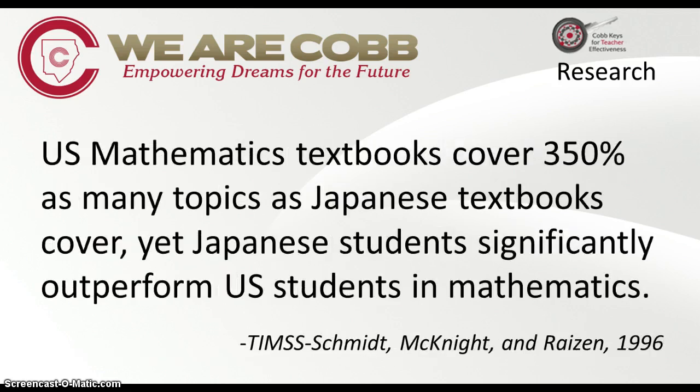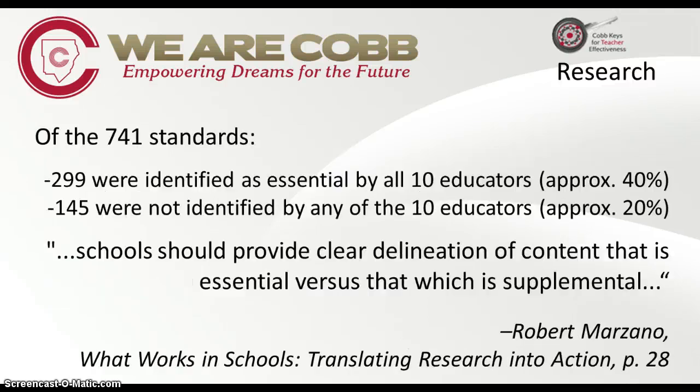Schmidt, McKnight, and Raizen addressed the breadth versus depth argument. Back in '96, they showed that U.S. math textbooks covered 350% as many topics as Japanese textbooks, yet Japanese students significantly outperformed U.S. students in mathematics. And while we're talking about mathematics, Marzano worked with 10 educators to identify which National Council of Teachers of Mathematics standards out of 741 were essential.